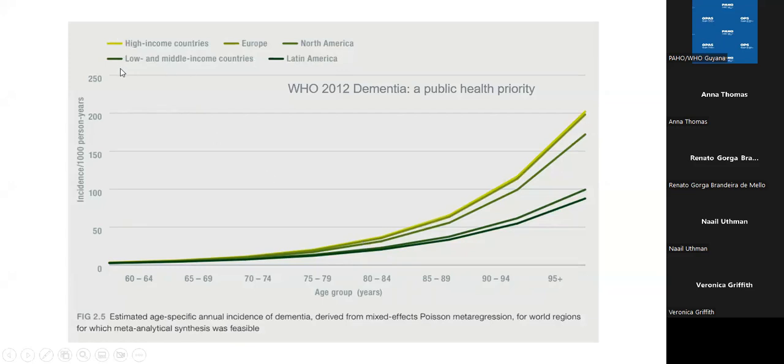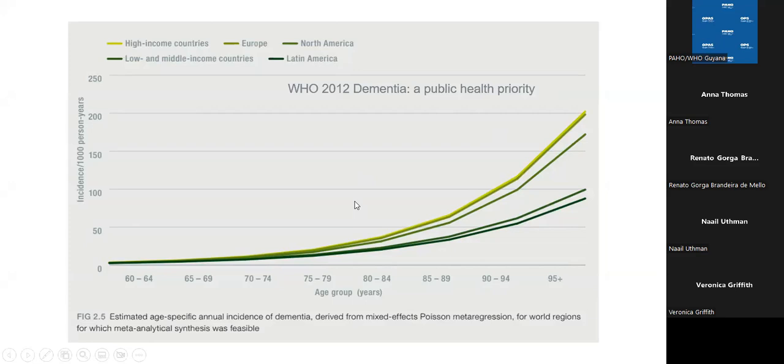In low and middle income countries in Latin America, the risk is still lower than in high income countries, but this scenario is expected to shift in the next 10 years.